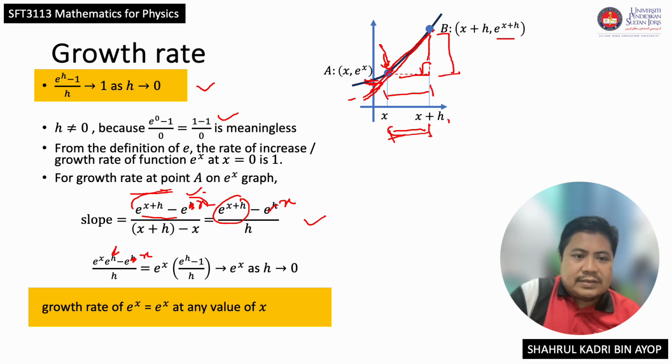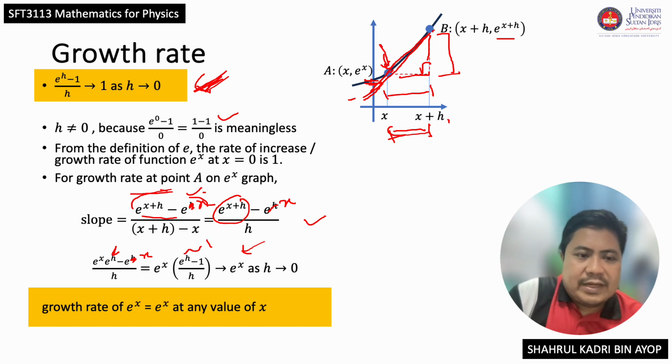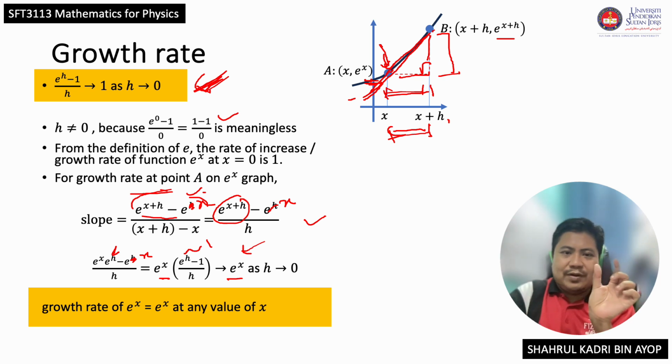As h goes to 0, this is the property that we use, so this is approaching 1. When it is approaching 1, that means it will be close to e^x as h becomes small.